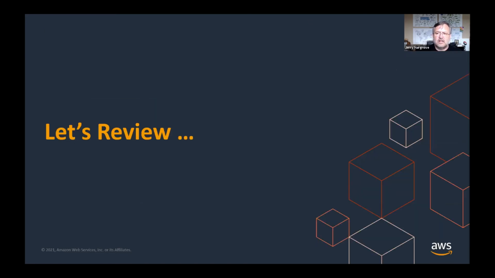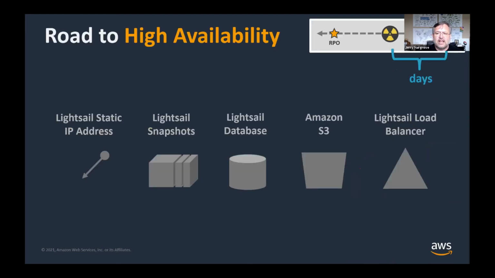So let me review what we've gone through up to this point. We started out with a really bare bones Lightsail instance running WordPress. Some of the features and best practices that we use: we added a Lightsail static IP address, which significantly reduced our RTO. It solved the problem with DNS propagation if IP addresses on the instance ever changed.